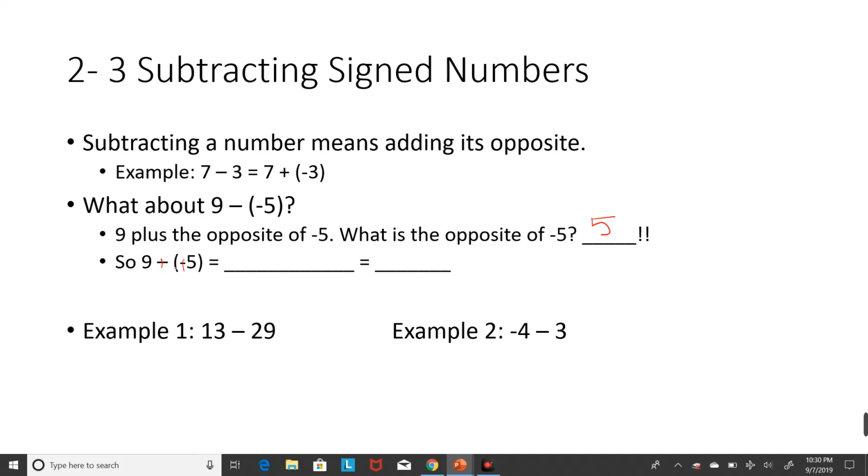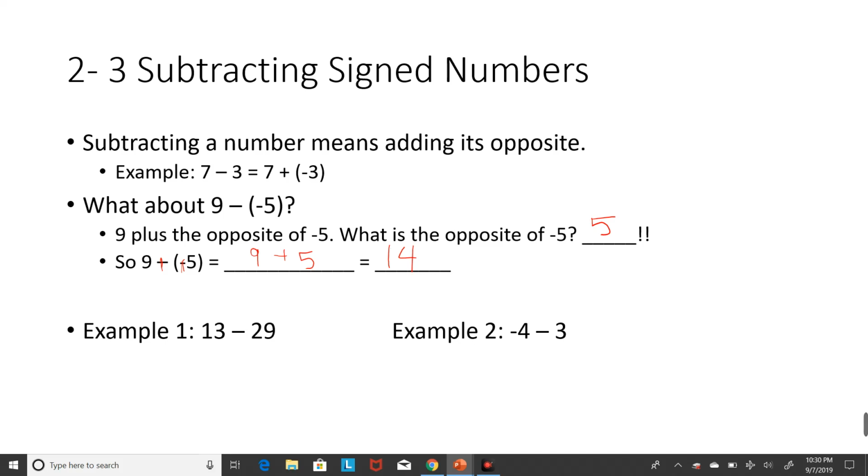So if you have minus a negative, you can change it to plus a positive and just do 9 plus 5 is 14. With 2 examples, it would be a good idea to pause and try to work them first before you watch me work them. So go ahead and try to get these 2 examples done.